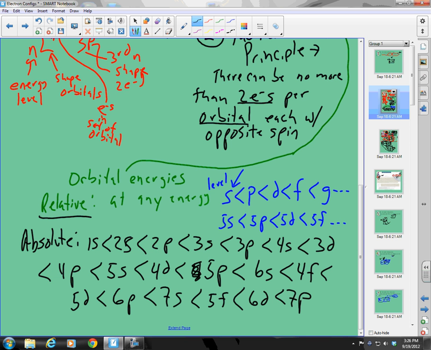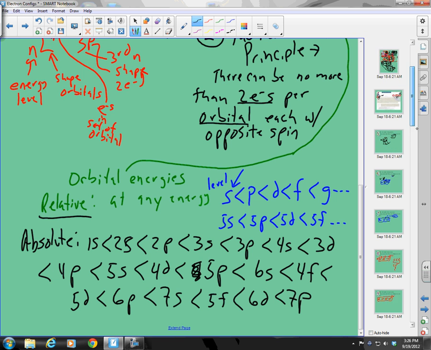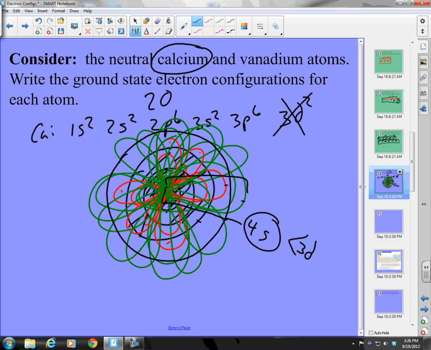So let's see. Can we answer our question now? I think we can. After my 3p6, I would have 4s. I need 20 electrons: 2, 4, plus 6, 10, 12, 18, 4s2.